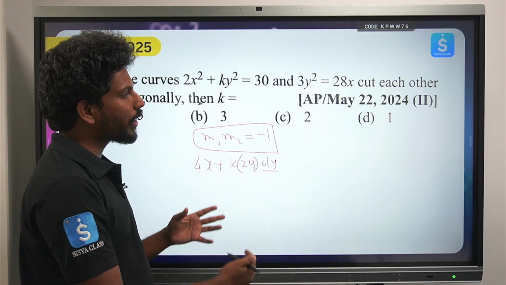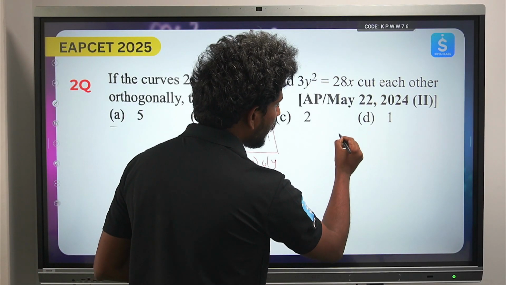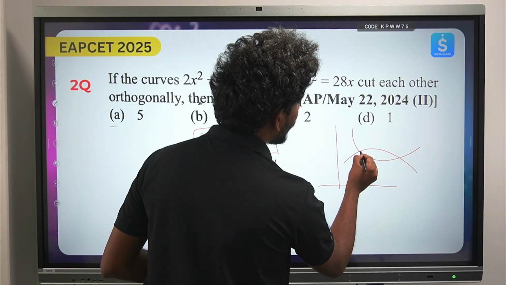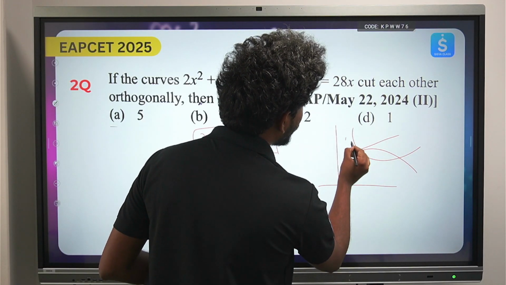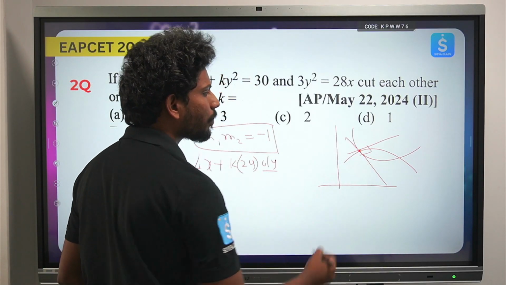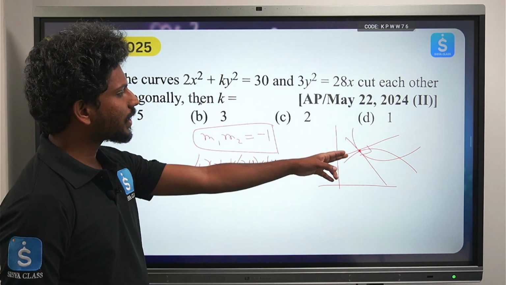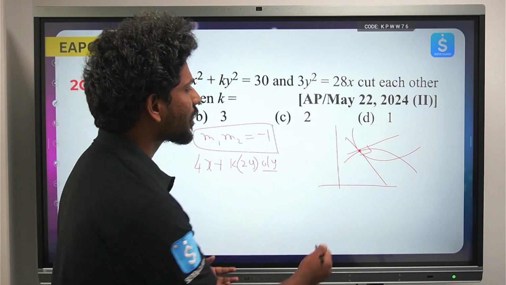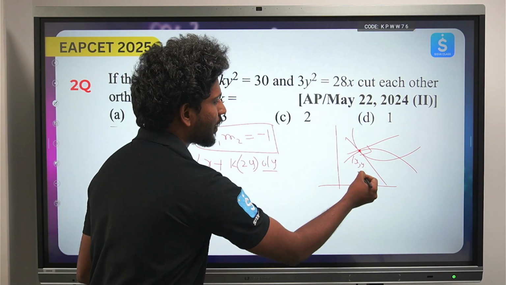So let the point of intersection of the two curves, there are two curves like this which are intersecting at some angle, okay. So suppose if you have drawn these two curves, these two are intersecting orthogonally, meaning they are perpendicular to each other, okay. So let's take the point of intersection to be x0 comma y0. For the sake of more simplicity, we'll just take it as x comma y itself, right?